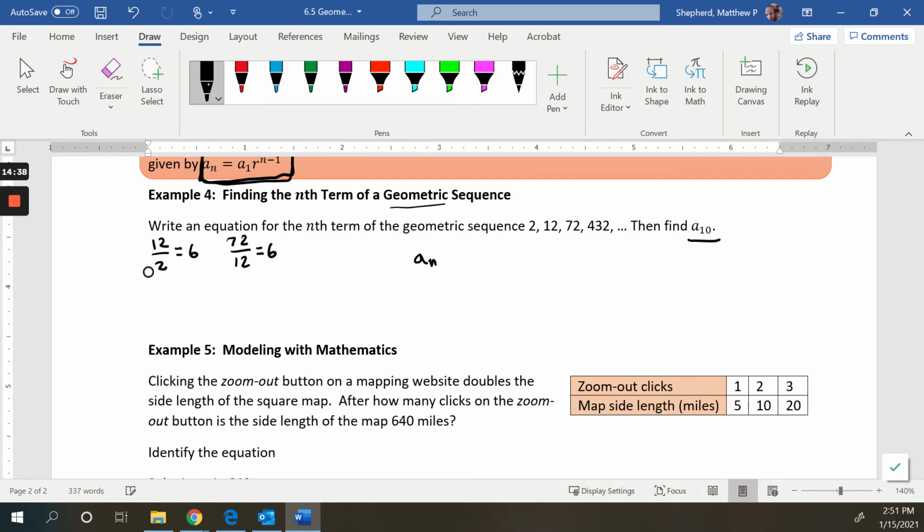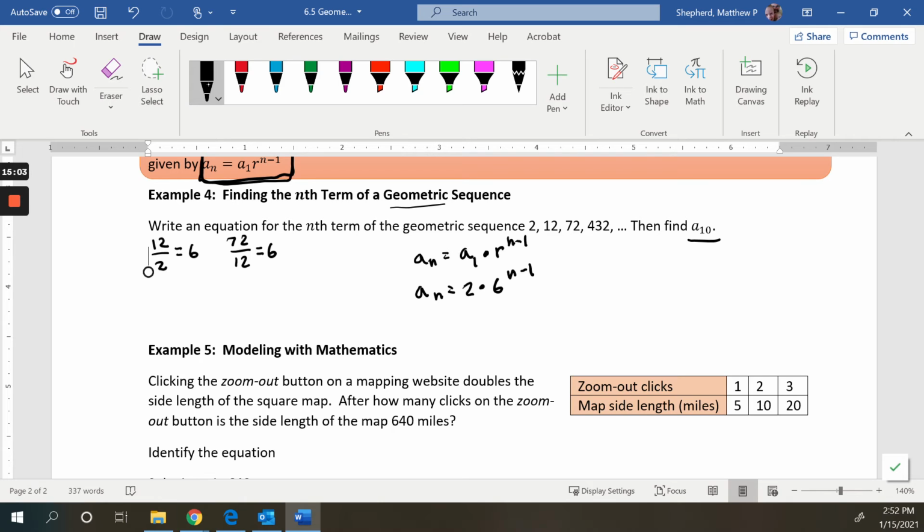To find the nth term, you take the first term and multiply it by the ratio n minus 1 times. So we've got a of n. My first term was 2. The 2 then got multiplied by a 6, n minus 1 times.